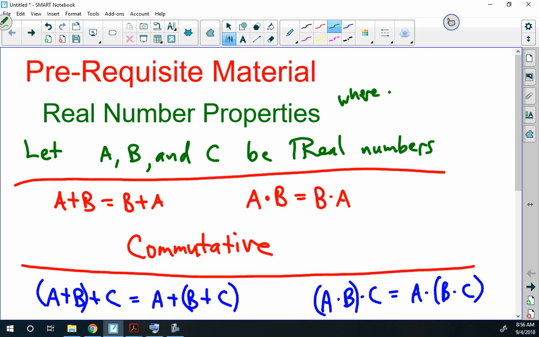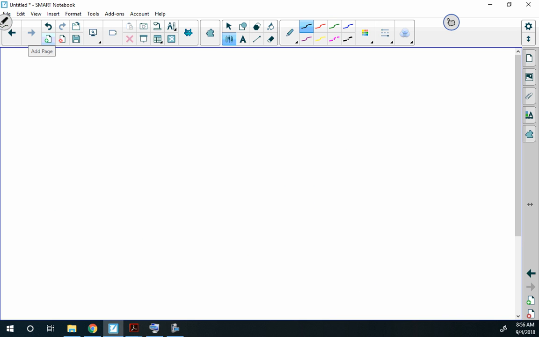Where a is not equal to 0, b is not equal to 0, and c is not equal to 0, okay? I want to make that real clear. Because there's this thing that happens in mathematics that causes people to argue. If you have 0 divided by 0, that ends up being the same thing as this.